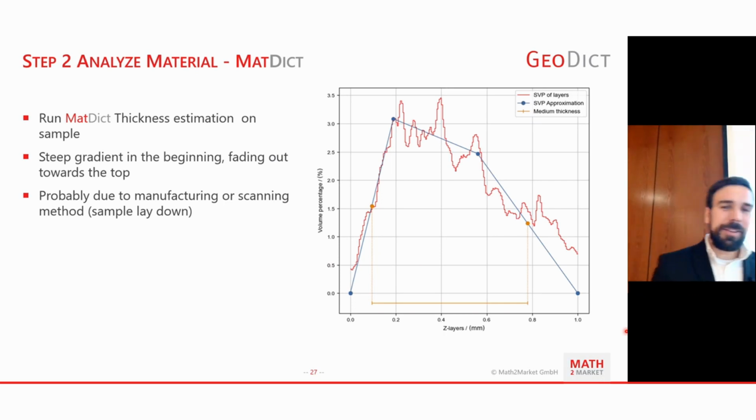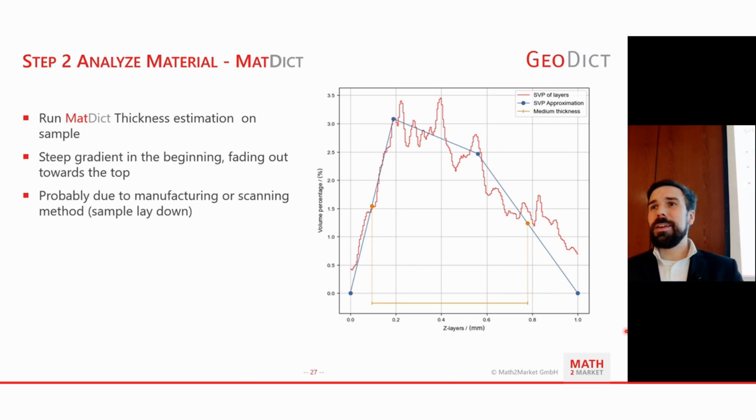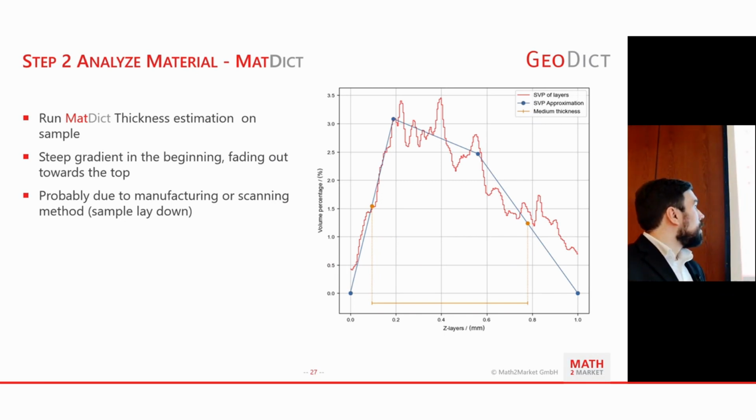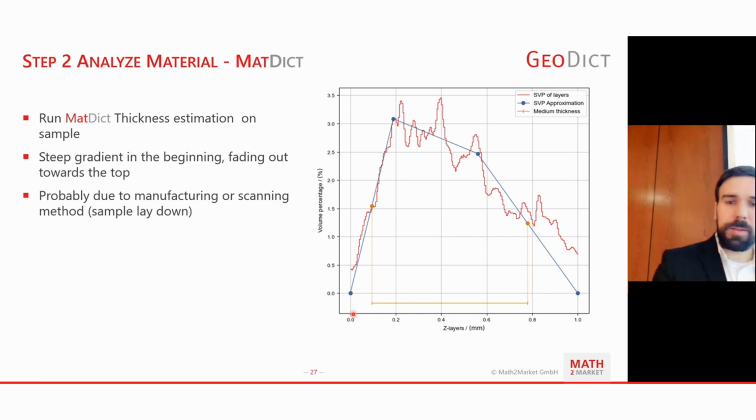And then the fibers piled on it, or also during scanning, it was probably fixated to some kind of plate. That's why maybe on one side it is a bit more flat, and on the other side we have a gradient running out. And there we have our thickness estimation down here, and that is just put into the nonwoven app to then optimize the thickness.